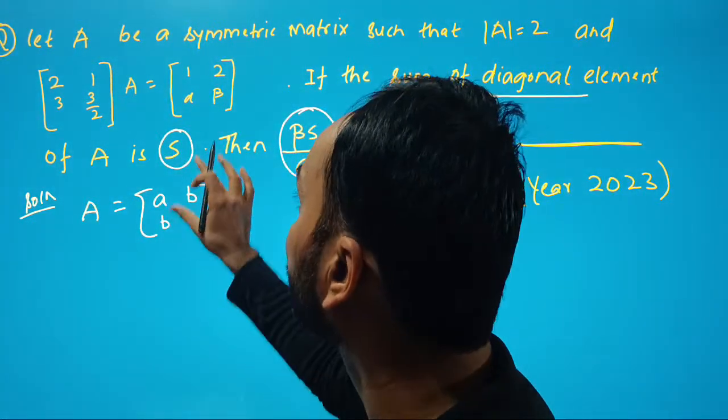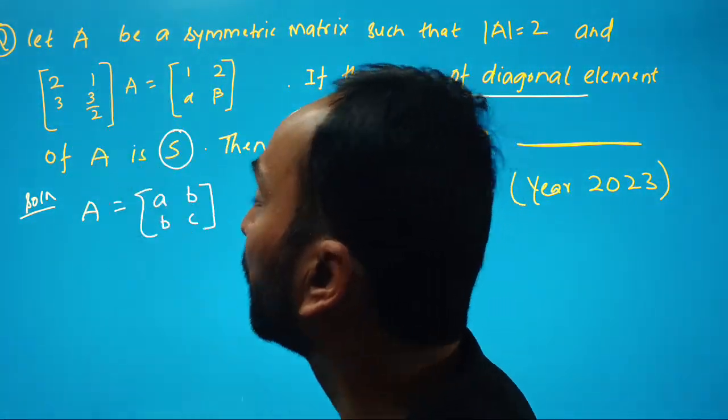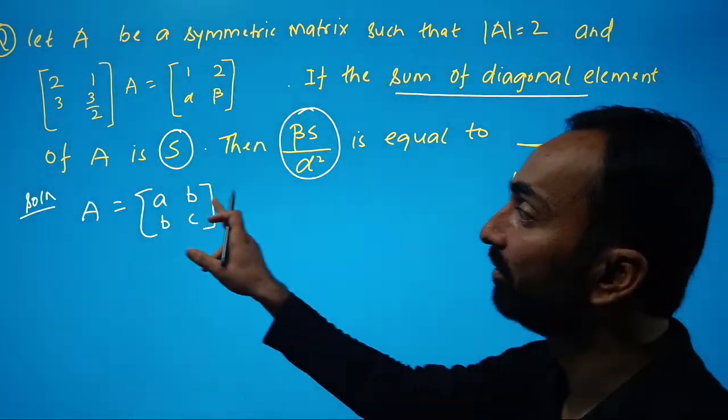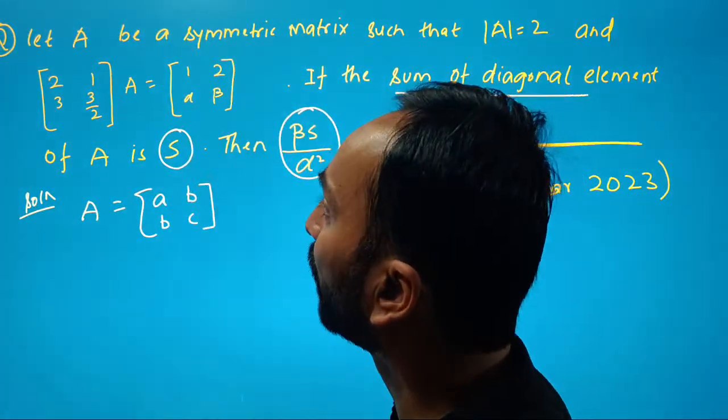Now the question says when we multiply this [[2, 1], [3, 3/2]] with A, with this matrix, we will get [[1, 2], [alpha, beta]].